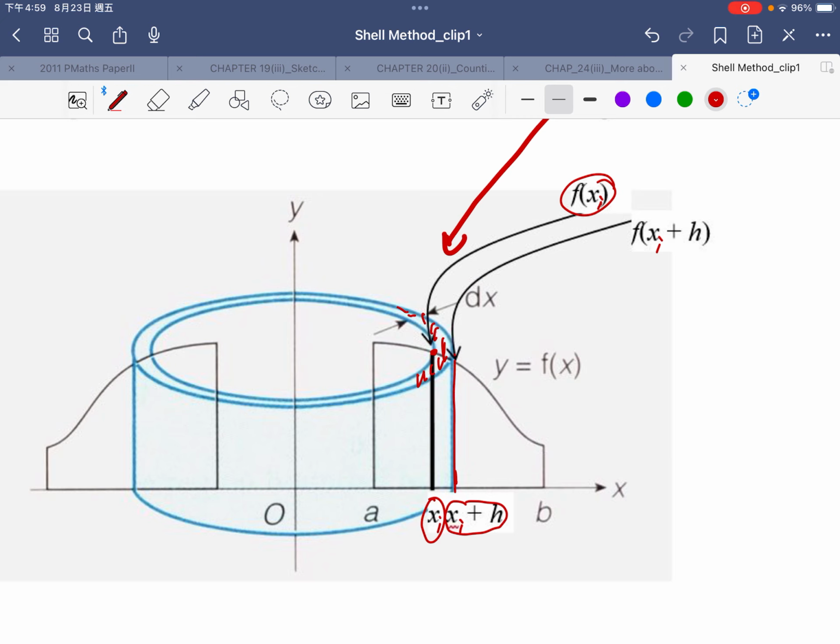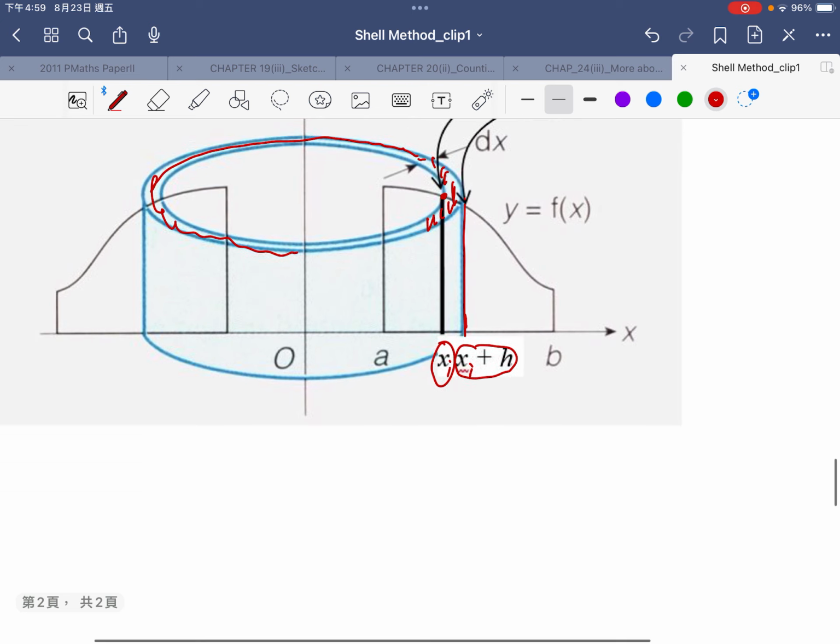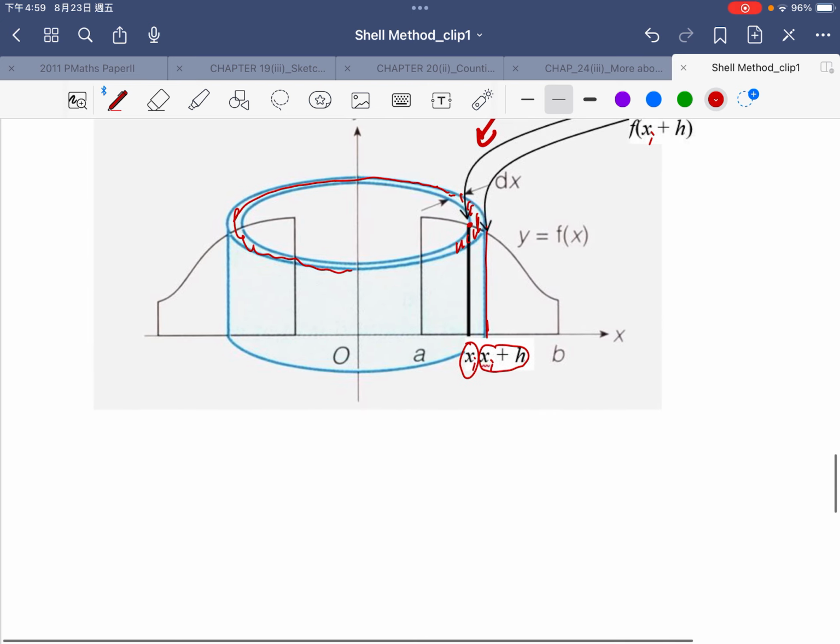Then the volume of this shell is equal to the large cylinder minus the small cylinder.